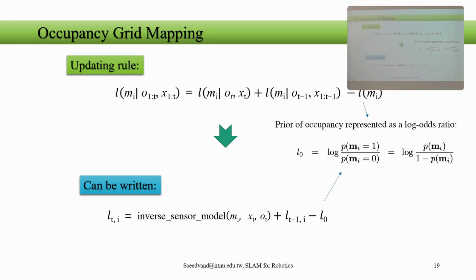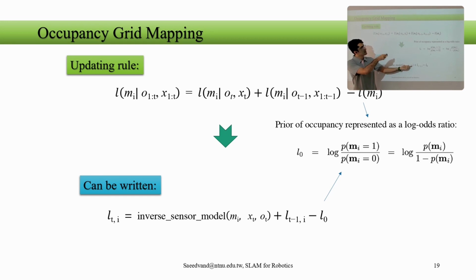I try to keep it steady with the resource book that we have. Now, what we can do, this term over here can be named as the inverse of the sensor model, a function that is doing this term over here, given the parameters: the map, poses, and observation.